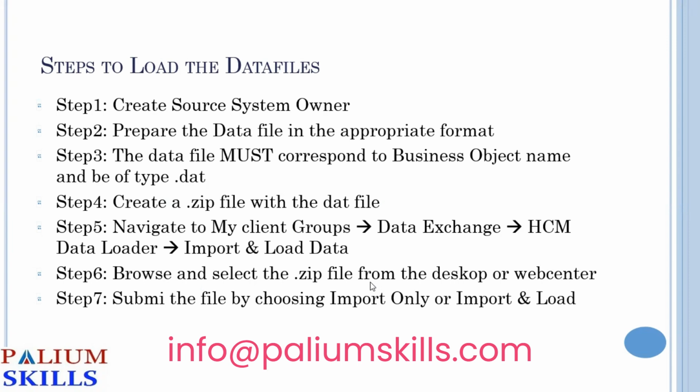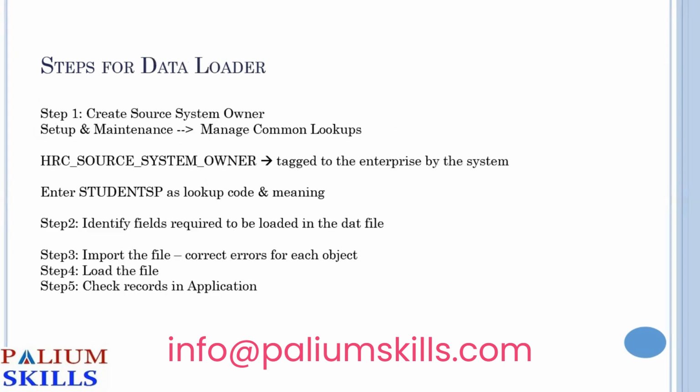And how do you create the source system owner? You go to Manage Common Lookups, HRC Source System Owner, Student SP. Then you correct the file and you import. Once the lookup code is created, you go to Data Exchange and load your file.